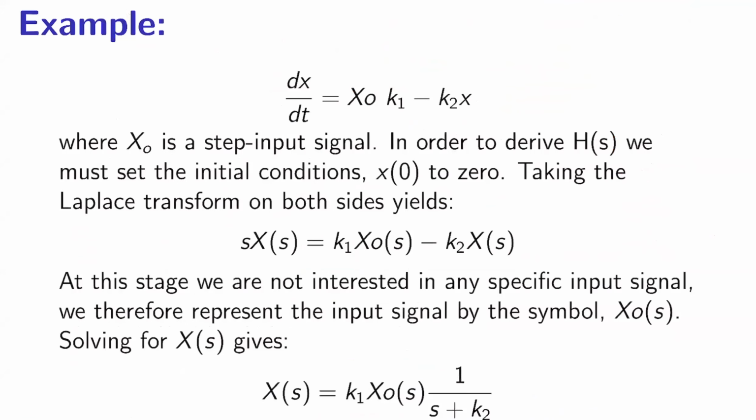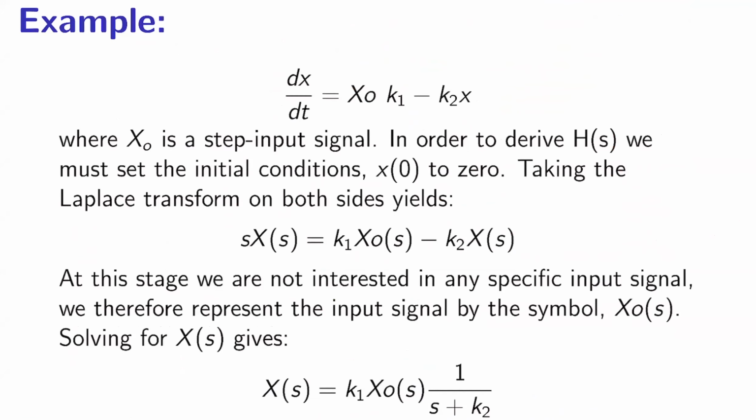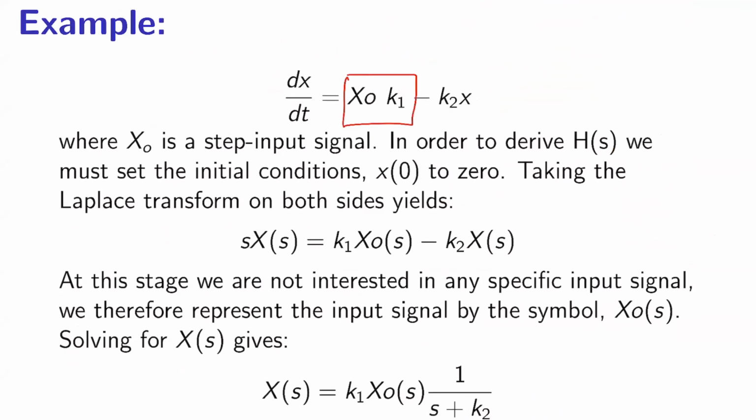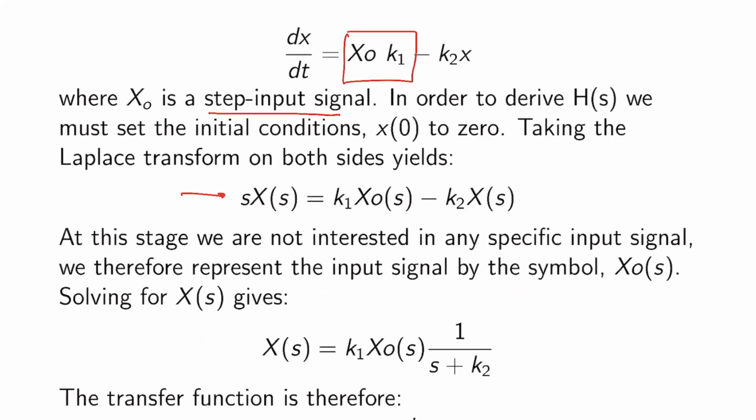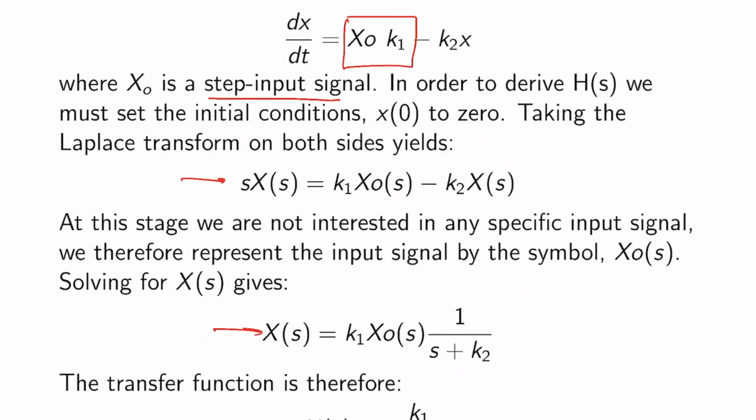I can specify an actual input. Let's say it's K x0 times K1, and we'll make it a step input signal of strength x0. I can do exactly the same thing: transform both sides and rearrange to solve for X of S, and I get this.